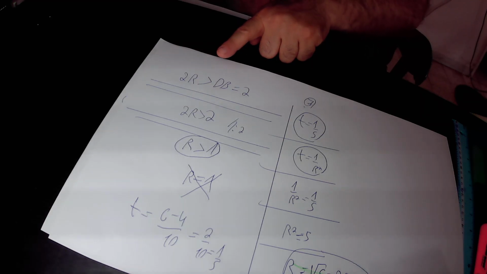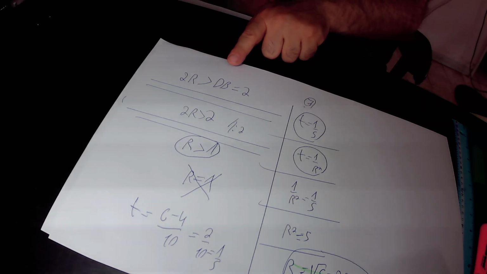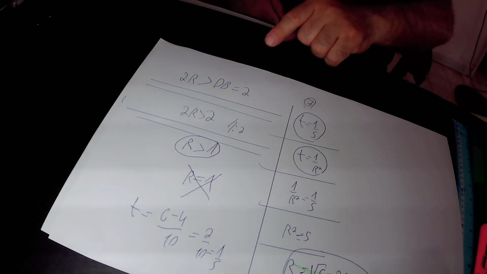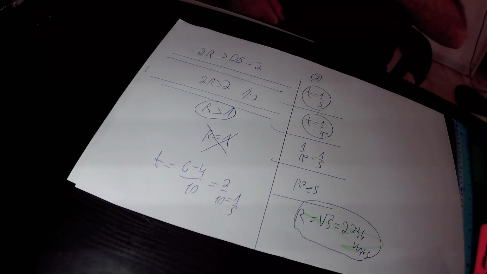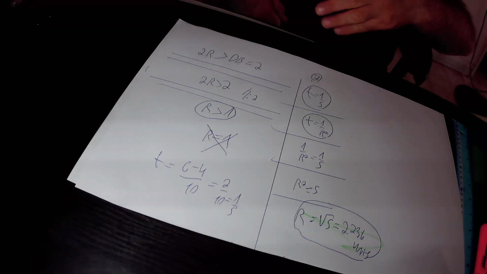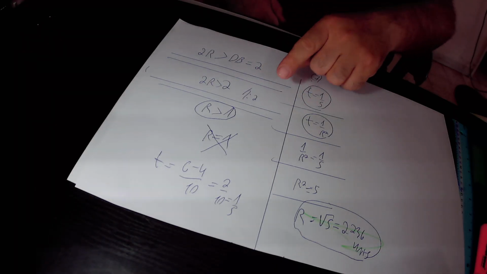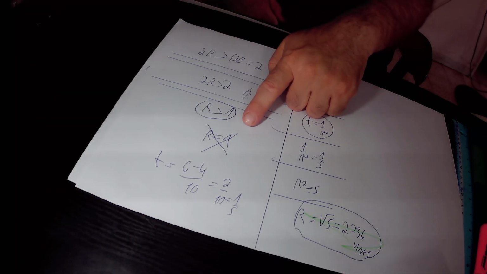From this inequality, 2r is greater than DB that equals 2, we derive that 2r is greater than 2. Here we divided this inequality by 2, and we found out that the radius r of our circle must be greater than 1. If the radius r must be greater than 1, the radius r cannot be equal to 1.